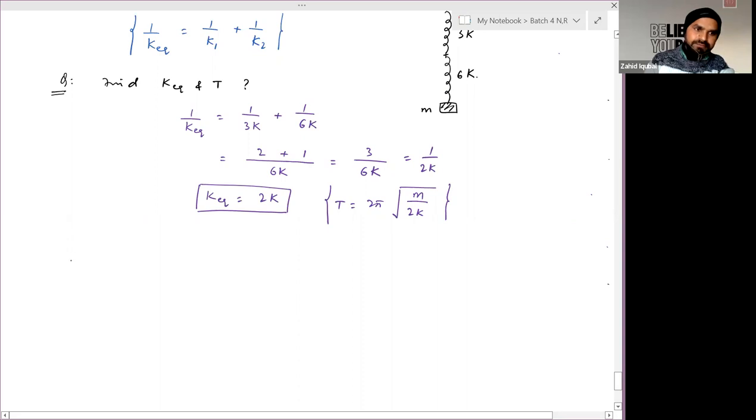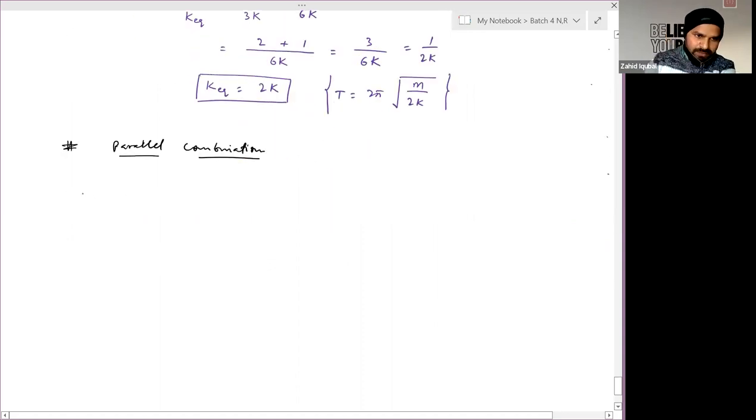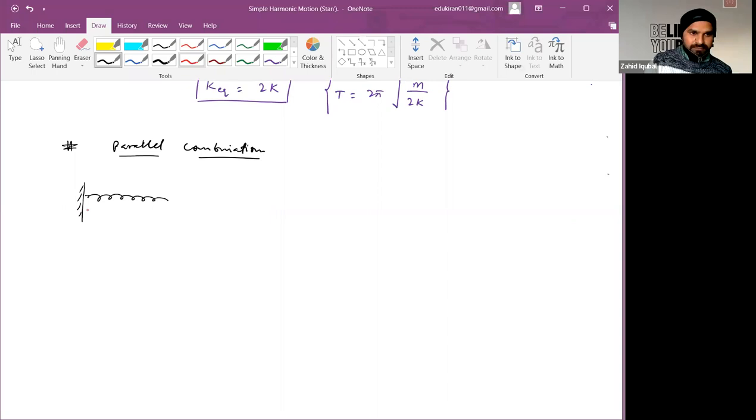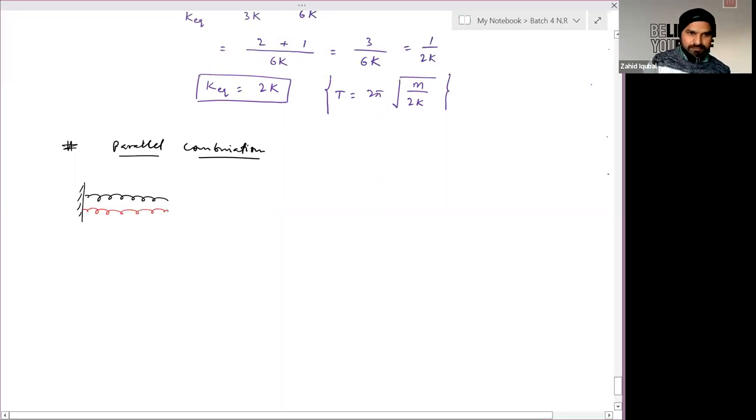Next is parallel combination. Suppose two different springs are connected to a block, having spring constants K1 and K2.